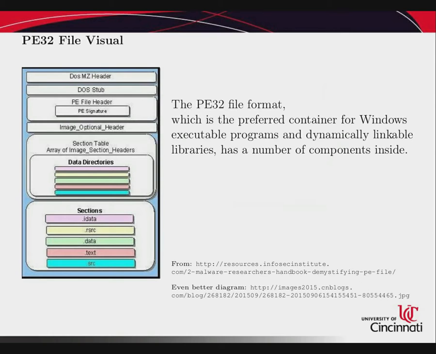So the PE32 file format, the exe files that we're frequently used to dealing with as programs, are a bit more complicated, but they actually work off some of the same principles that I just showed you in the PNG file format. Of course, this file format is much older than PNG.